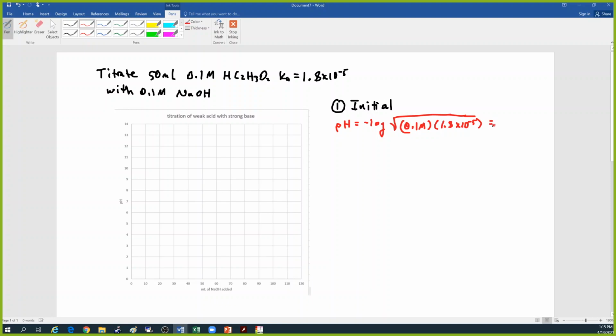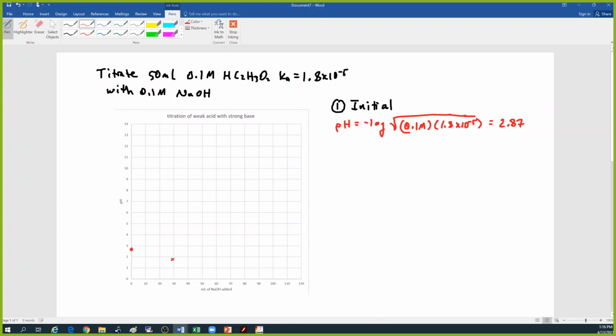If we simply calculate that number, we get the first pH, which is about 2.87. So what this is telling me is that when I first put this solution in a beaker and I put in the pH meter, it reads 2.87. So at 0 added volume, my first point is somewhere around here, just under 3. Cool?